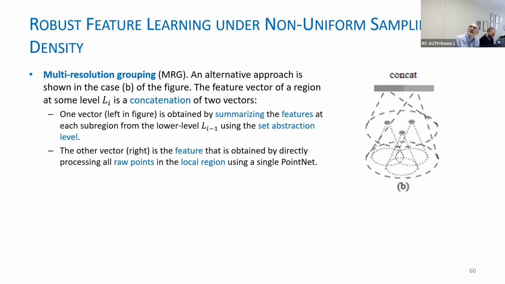In this case, from one level to the other, we basically summarize the points in this circle with a representative one. So these are two different ways of concatenation.